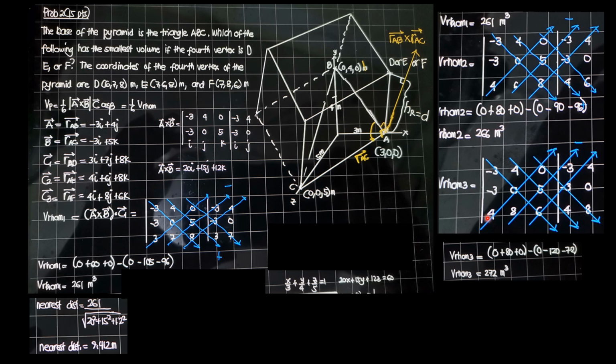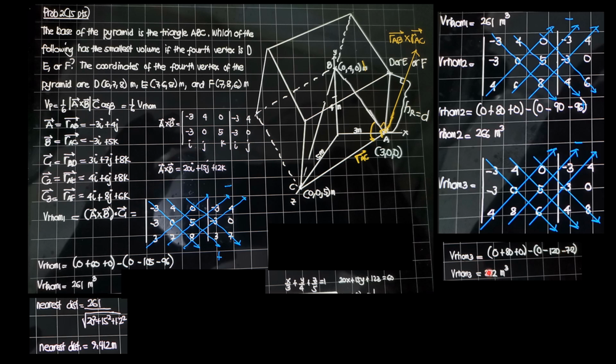Then minus 4 times 0 times 0, so that's 0. Then 8 times 5 times negative 3, that's negative 120. Then 6 times negative 3 times 4, that's negative 72. So volume of rhomboid 3 is 80 plus 120, which is 200, plus 72, so 272.